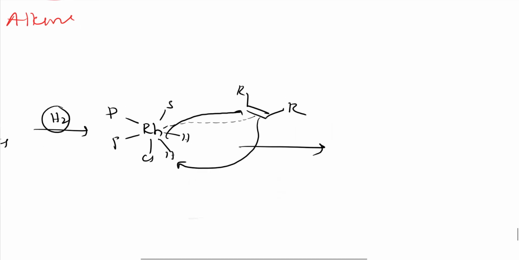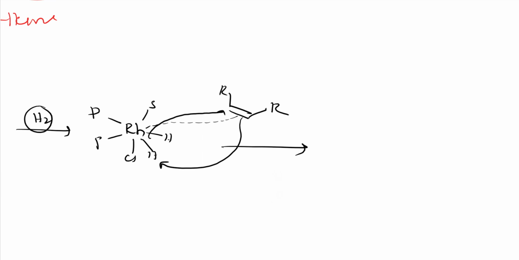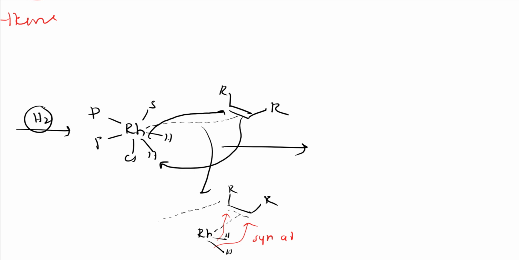Because of this coordination I have told, it will attack in such a way that both hydrogens, see, here rhodium is there, here it has coordinated with this alkene from above, and here it has hydrogen. So both hydrogens from below will attack here, like this. From below or from above, both will attack from the syn side only, syn addition. So this is the reason for syn addition.